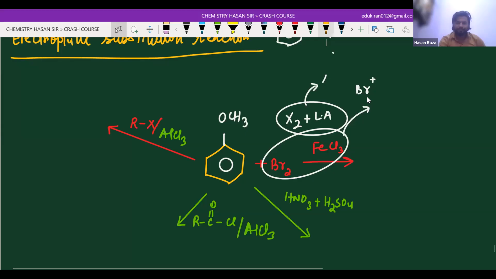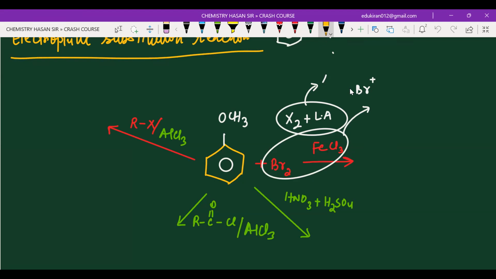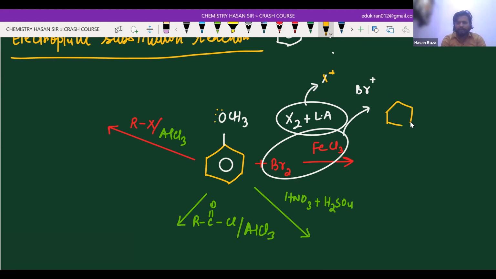Okay, so is the screen visible to all of you? Yes, sir. So you know that this will be an electrophilic substitution reaction, and this is plus M effect, ortho and para. So the product is very good.